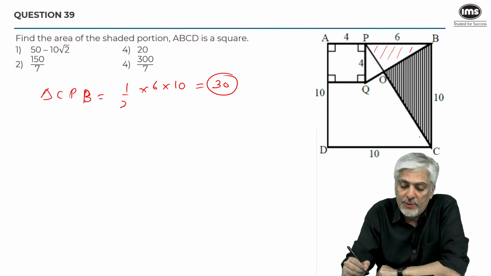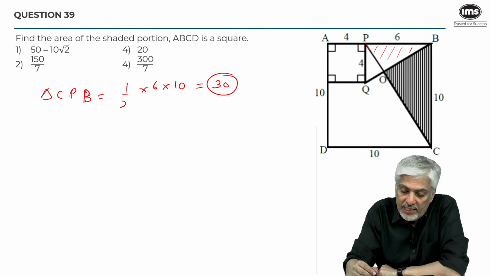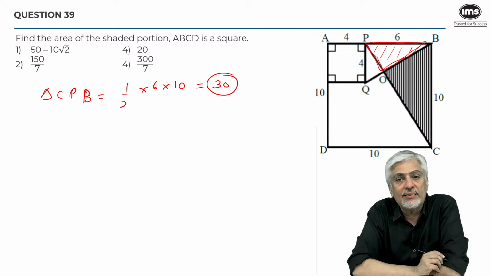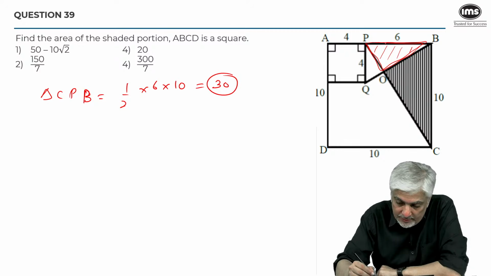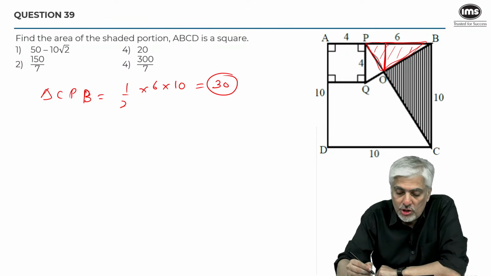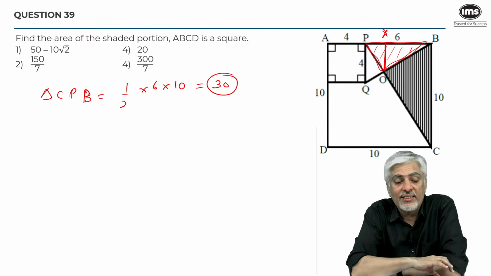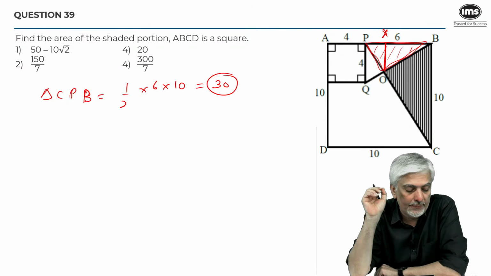From this 30, if I can subtract this part, I can get my answer. Let's see whether we can find the height for this triangle. Let's call this as OX. Can you find OX? And we have done this property 2 times today.